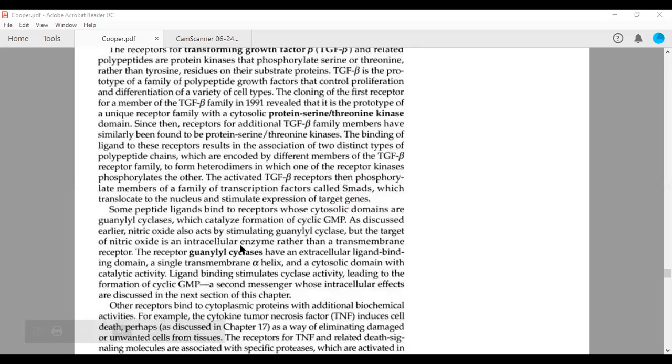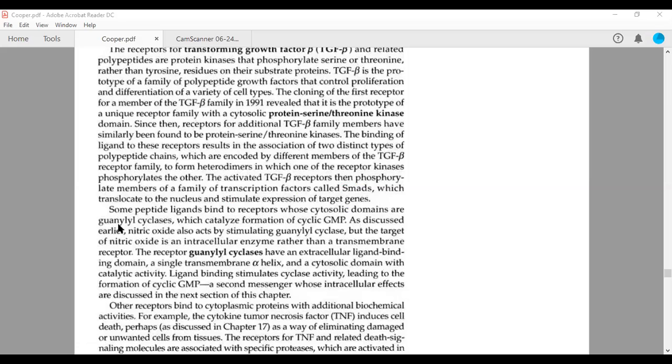Then there is a third class, which are guanyl cyclases. So some peptide ligand binds to receptors whose cytosolic domains are guanyl cyclases.